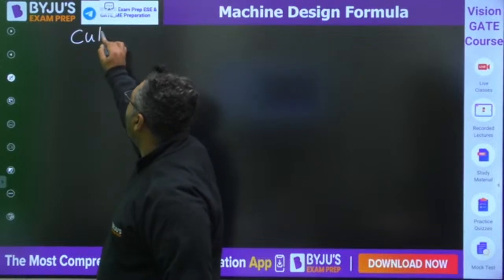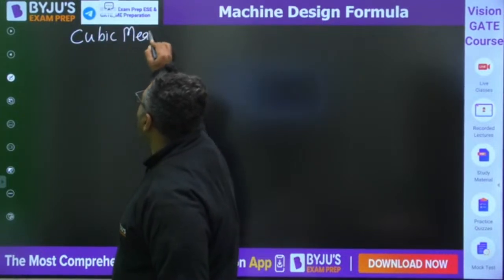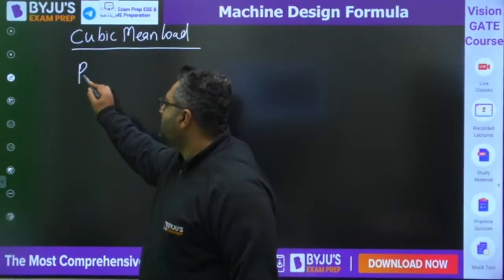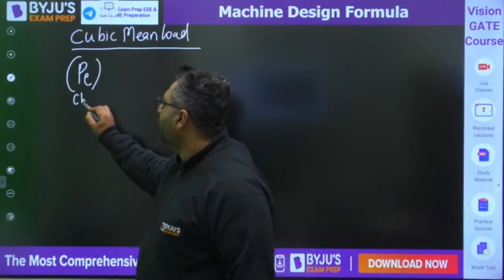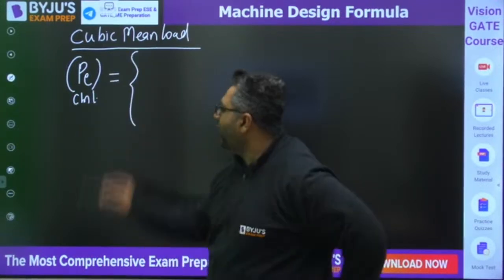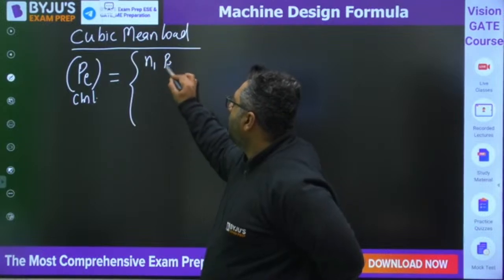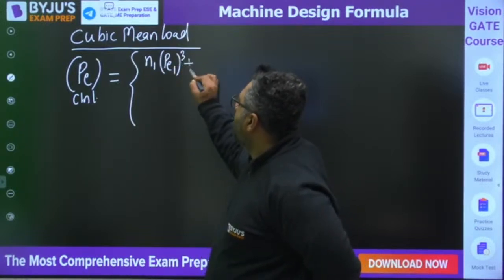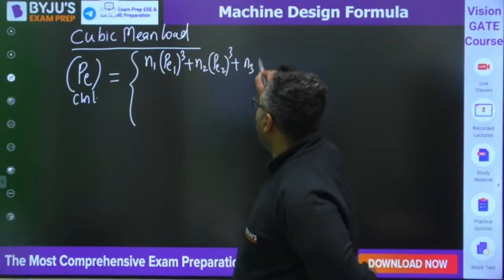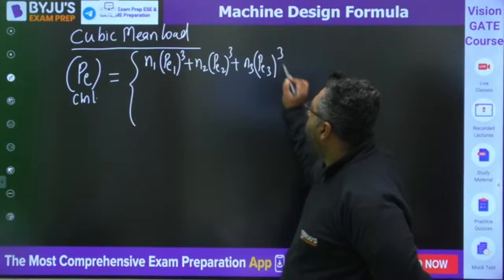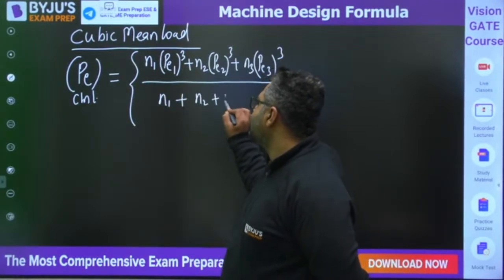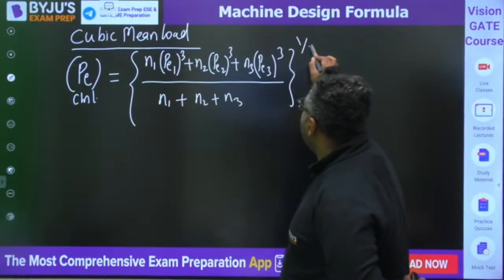we have the cubic mean load. The cubic mean load is defined as P E, cubic mean load, equal to the cube root of n1 PE1 cubed plus n2 PE2 cubed plus n3 PE3 cubed, divided by n1 plus n2 plus n3, to the power 1 by 3.